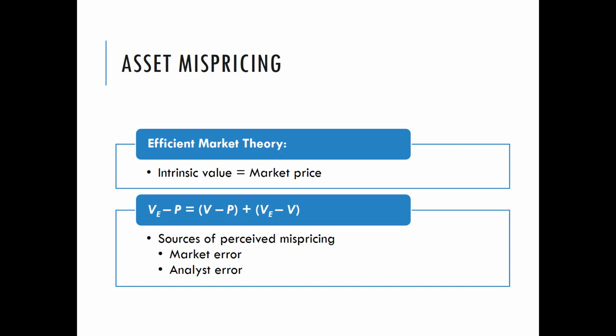So there are mispricings out there, and the purpose of this class is to identify them. But those mispricings will be based on the true underlying mispricing plus your own error. So you as an analyst will never be able to know whether you're right or wrong. It's just an estimate in the end.